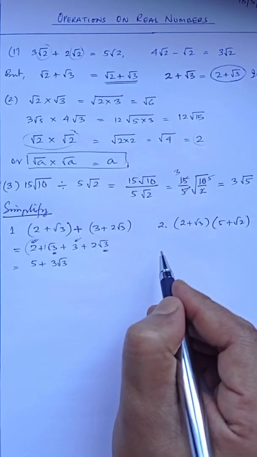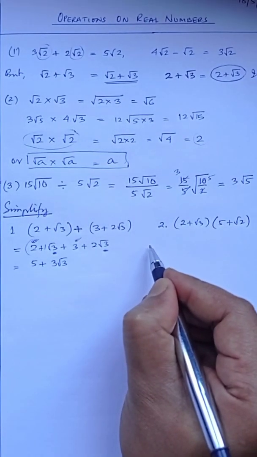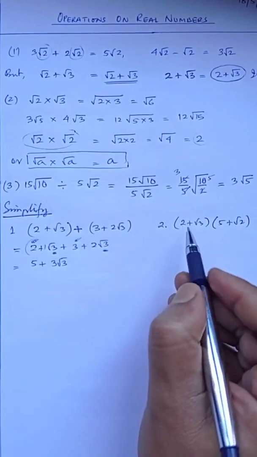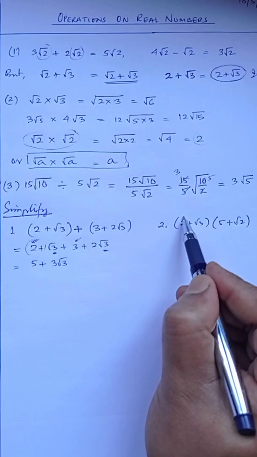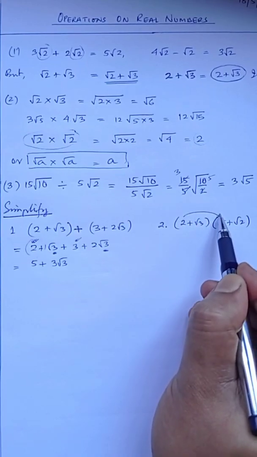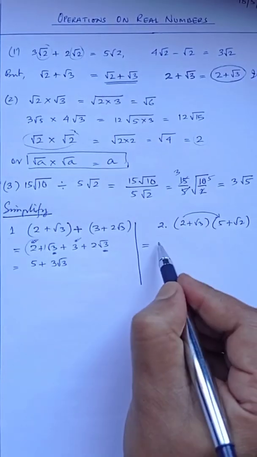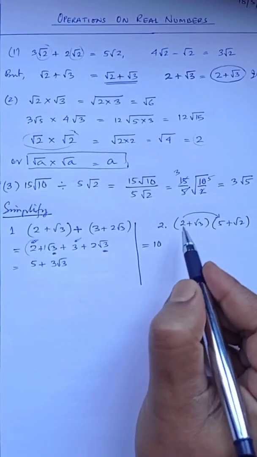If we multiply this, what will we get? First step is we'll multiply this with this one, right? 2 into 5, 10.